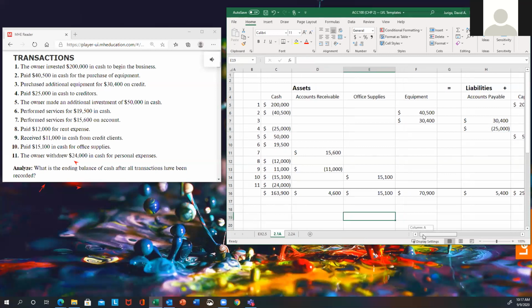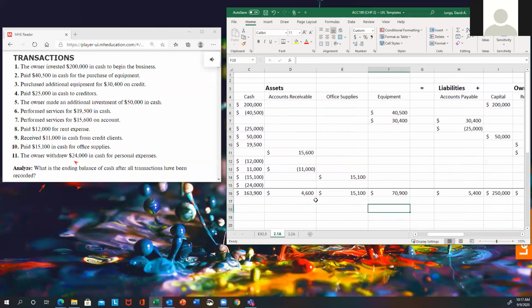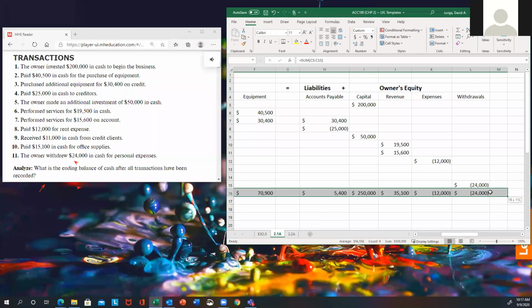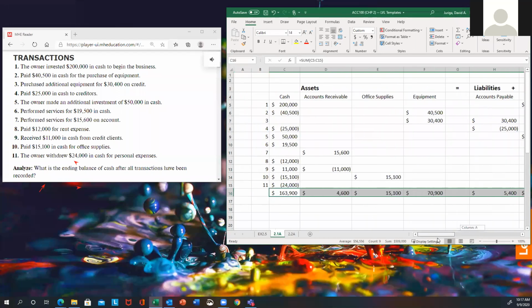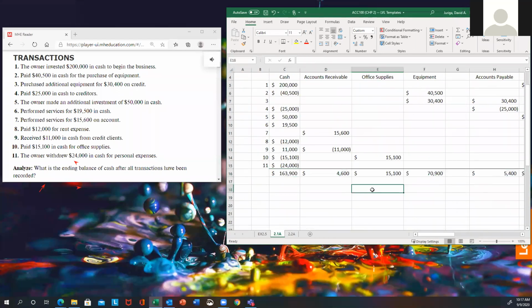So I've got the equation, and notice I went ahead and have the totals already added up for you. Every column has been added up. So let me show you that this equation does indeed balance. If I add up my assets, you're going to get $254,500 of total assets.